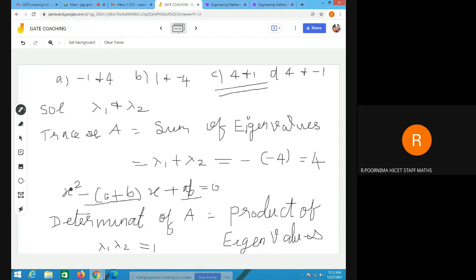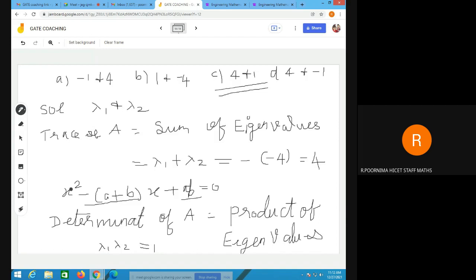So for the trace of the matrix, you need to apply the formula: sum of eigenvalues. Here the characteristic equation is given and we don't know the eigenvalues. So we compare the characteristic equation with the general equation format. The general quadratic equation gives the sum of the roots and the product of roots, and we use that concept to get the sum of eigenvalues as minus of minus 4 because of the formula.